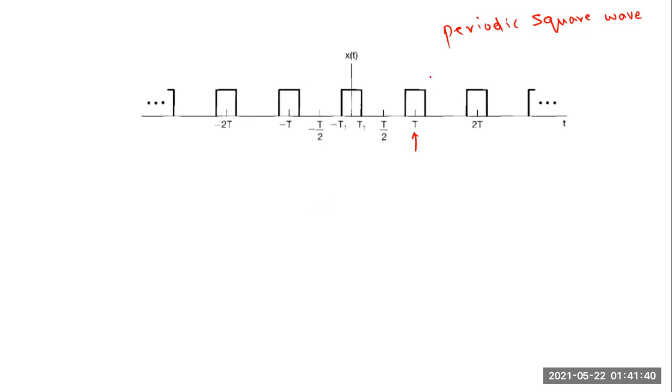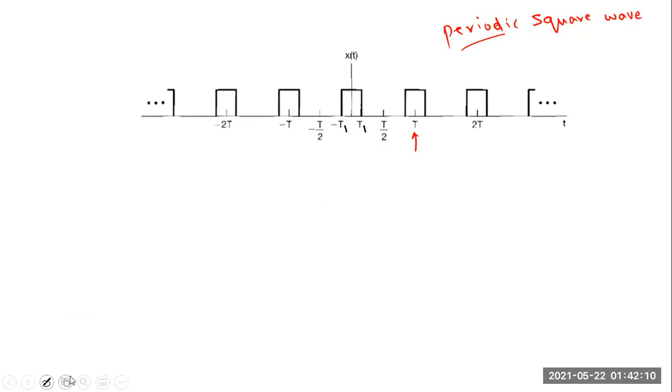So if this signal is periodic, then according to Fourier, it must have a Fourier series. And Fourier used this example and he calculated the Fourier series. So let's find out what is the Fourier series representation of this periodic signal. We are assuming that this is from minus t1 to plus t1.